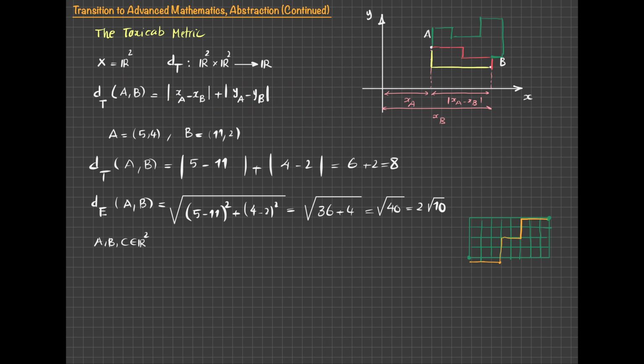We need to convince ourselves that the taxicab distance from a to c is less than or equal to the taxicab distance from a to b plus the taxicab distance from b to c. And if I want to translate this in the language of this formula, this means that the left hand side becomes the sum of 2 absolute values. Each one of them becomes the sum of 2 absolute values, yes?